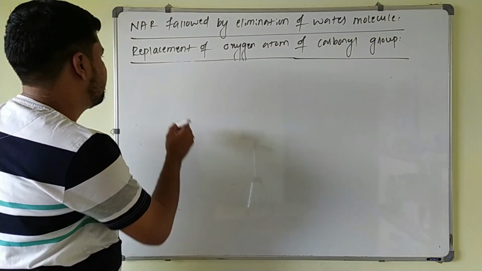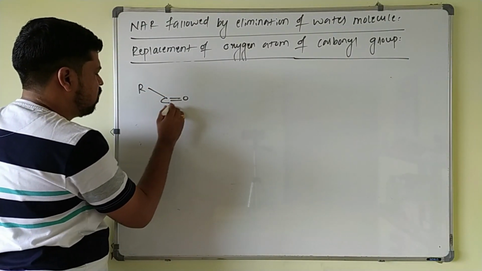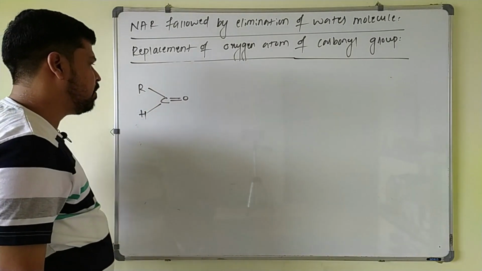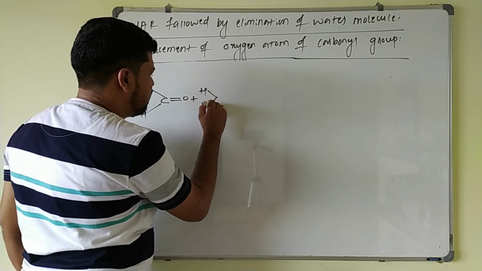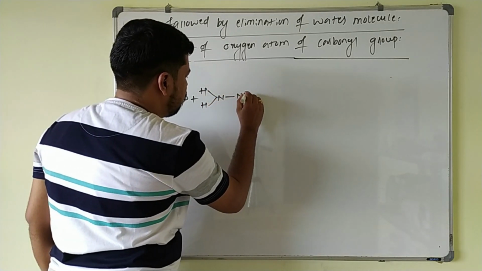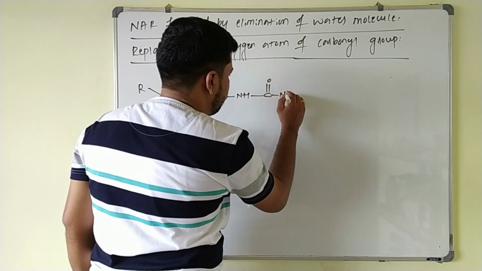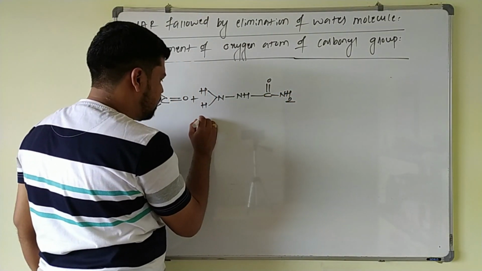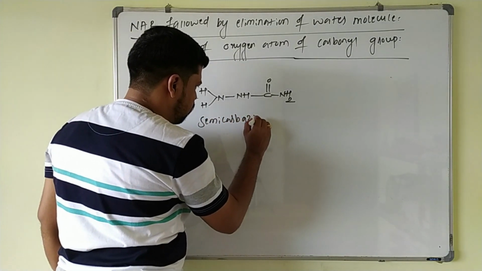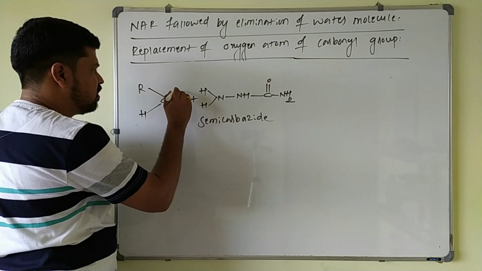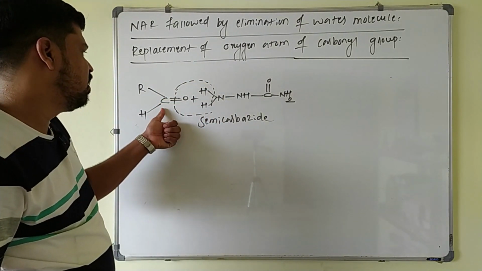Next reaction is this aldehyde reacts with semicarbazide. Semicarbazide is nothing but this, NH2, NH, CONH2. This is semicarbazide. On treating with aldehyde, again there is elimination of water molecule.